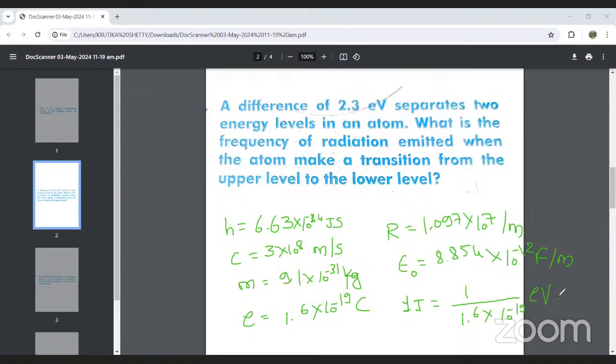That is 1 joule to electron volt conversion. Yes, copy down the values. We can go for the next question.